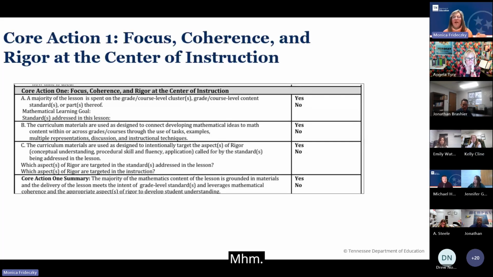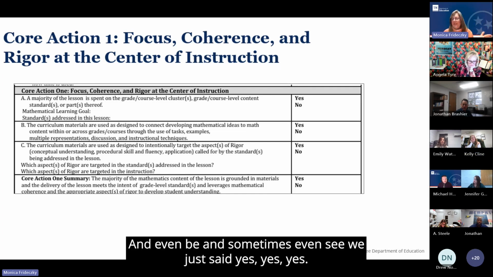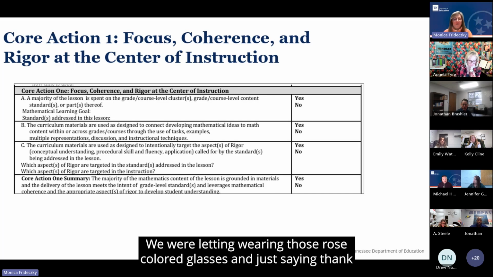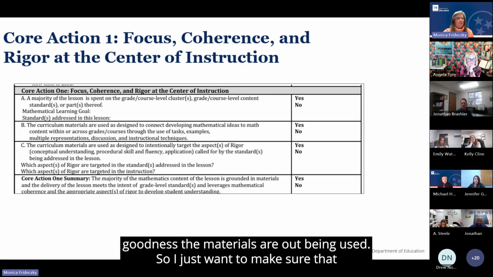That became an automatic yes for core action 1A, and even B, and sometimes even C. We just said, yes, yes, yes.